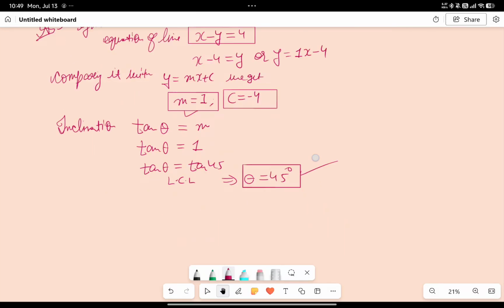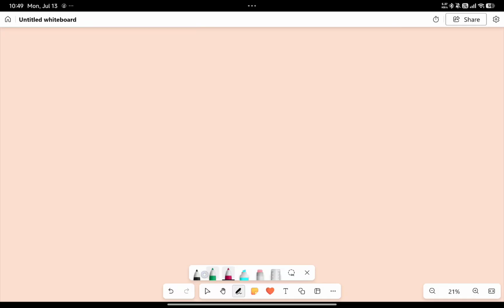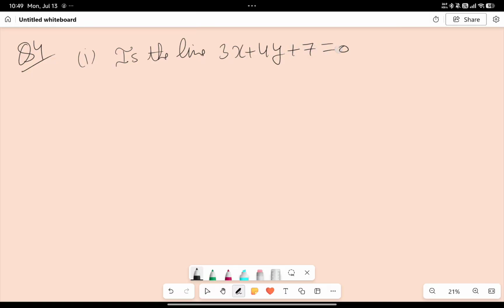Now moving to question number 4. First part: is the line 3x plus 4y plus 7 equal to 0 perpendicular to the line 28x minus 21y plus 50 equal to 0?